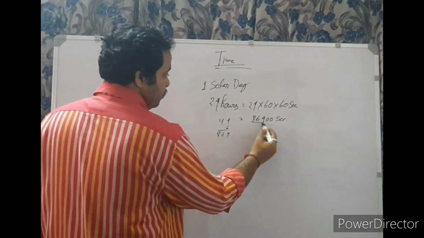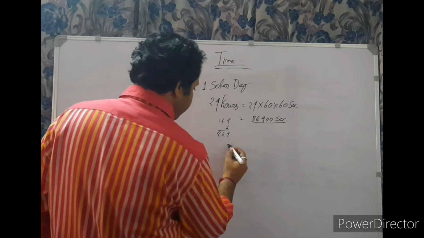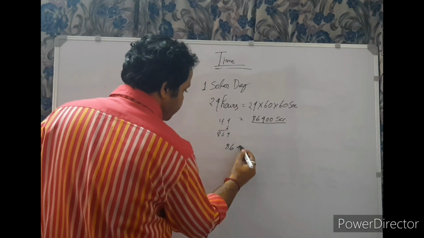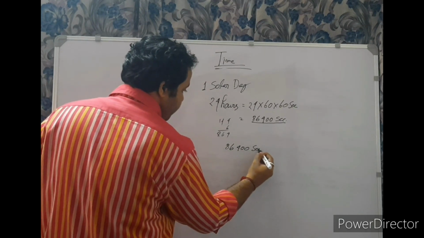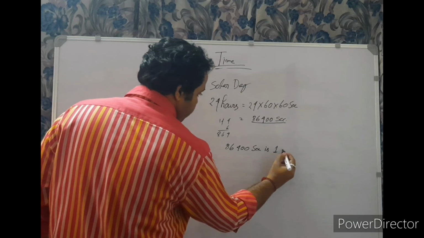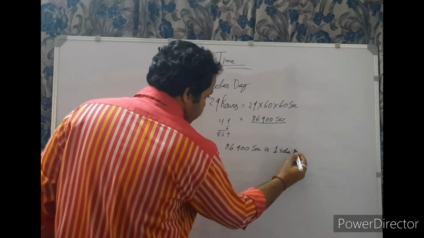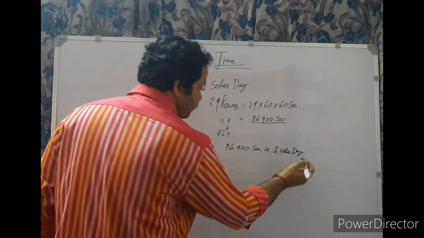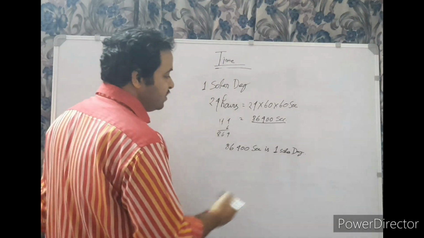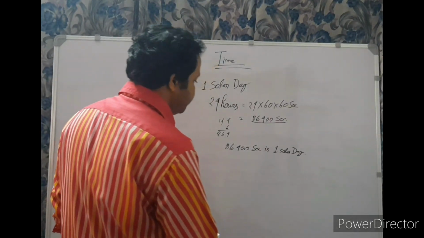So we know that 86,400 seconds is 1 solar day, right? It's very easy. For students this is used.